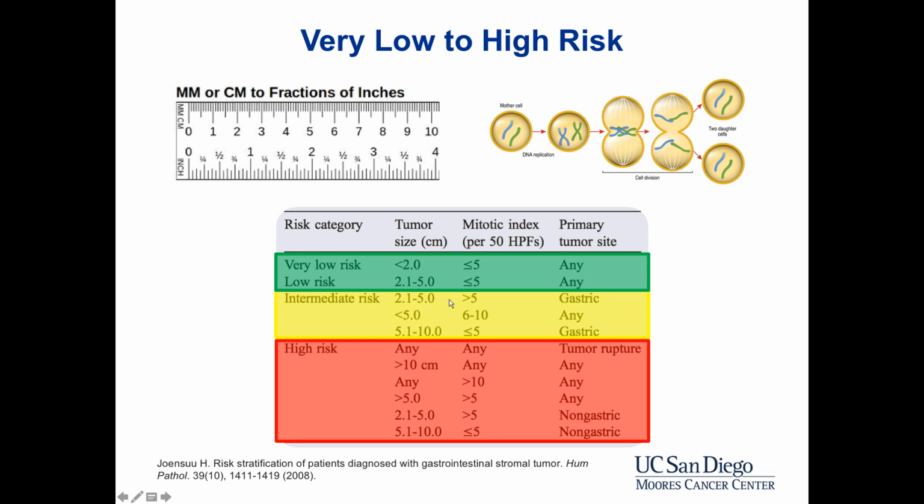Looking at the full scale here, obviously, if the mitotic index was greater than 10, that puts you right here as high risk. So it brings up an important question that an experienced GIST pathologist should be reviewing the pathology and looking at the mitotic index, because depending upon some individual experience, the mitotic index may be different if you have an inexperienced versus experienced GIST pathologist reviewing the pathology. And obviously that makes a big difference in terms of risk.